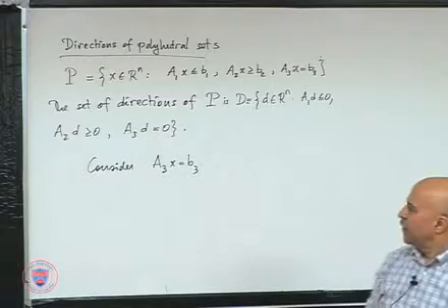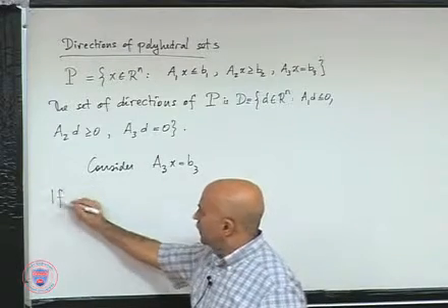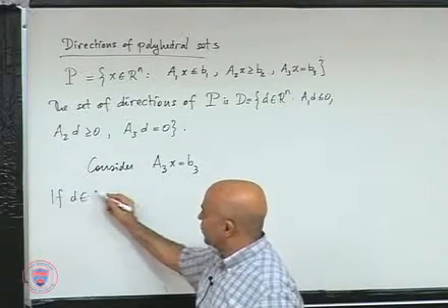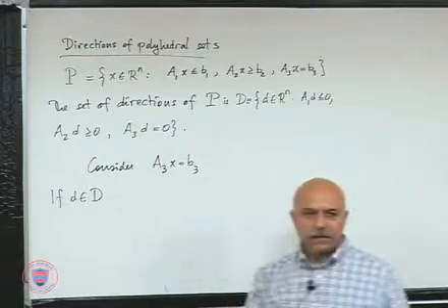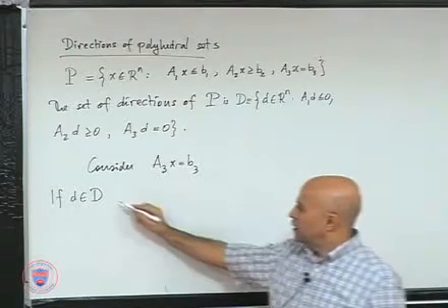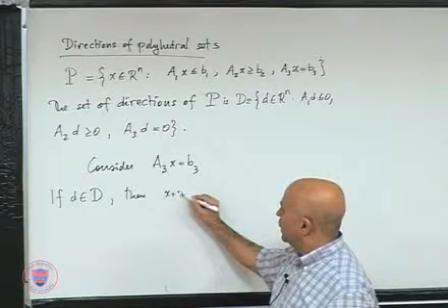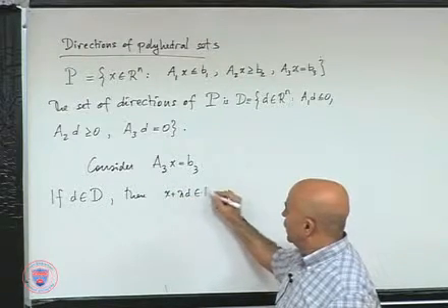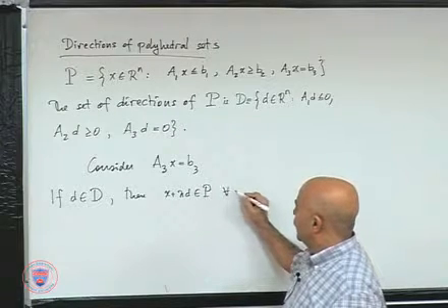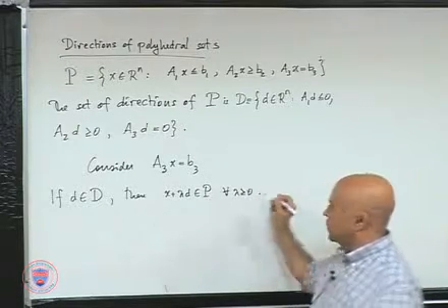Okay? If d is a direction of the set, so if d is in capital D, then of course x plus lambda d is in P for all lambda greater than or equal to 0.